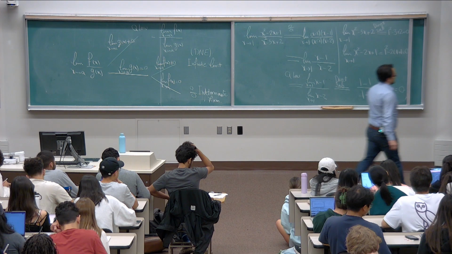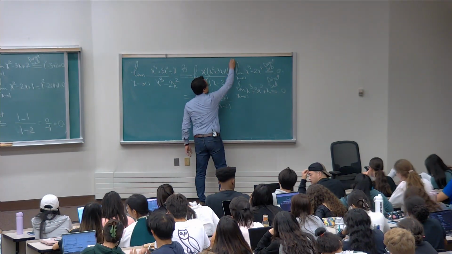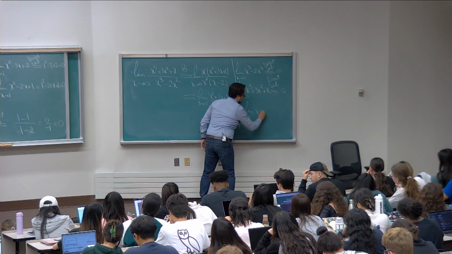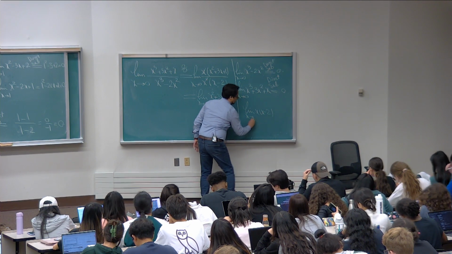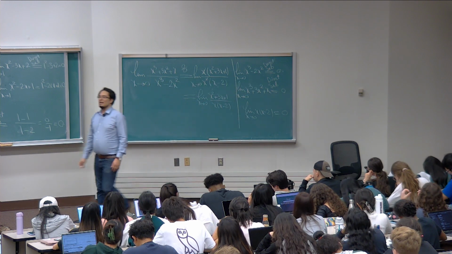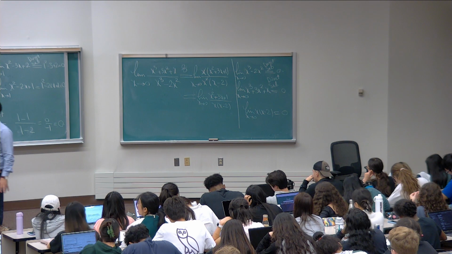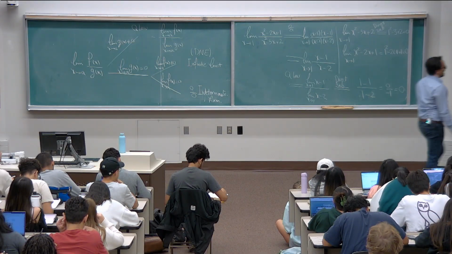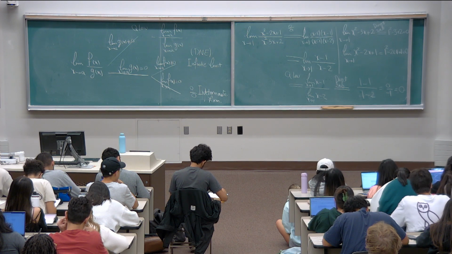And for this specific case, let me put the line here. Limit of x times x minus 2 as x approaches 0 is 0. Limit of the denominator is 0. Then I go ahead, find the limit of the numerator.